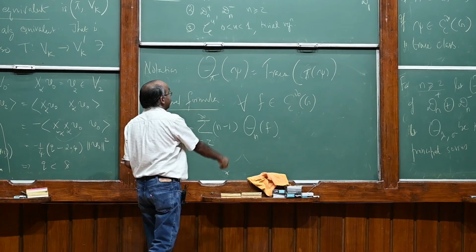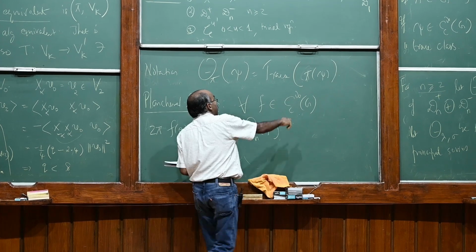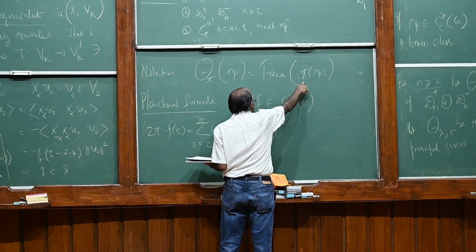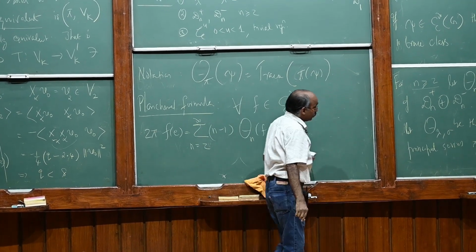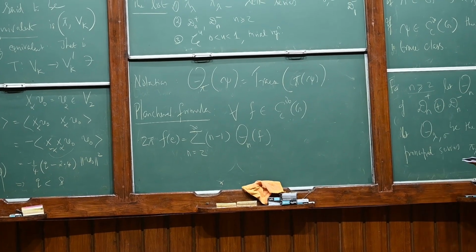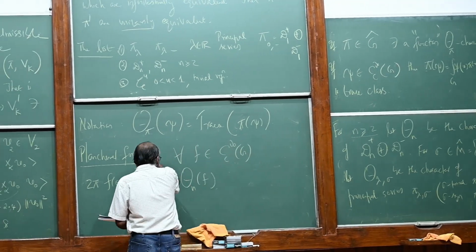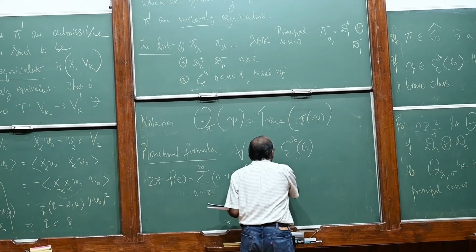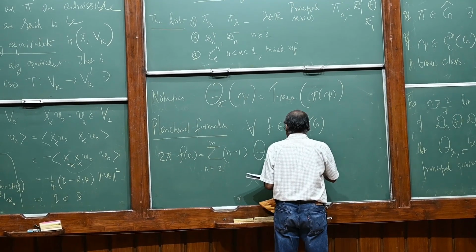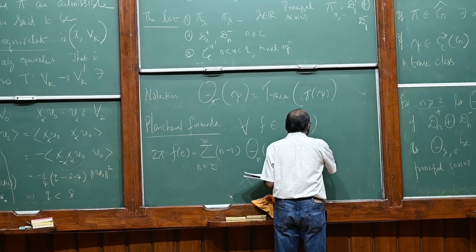So theta n of f is just the trace of pi f, where theta n is the character of these two representations, the sum of these two representations, right? So that takes care of the discrete series part, plus 1 by 4 integral over R of theta.